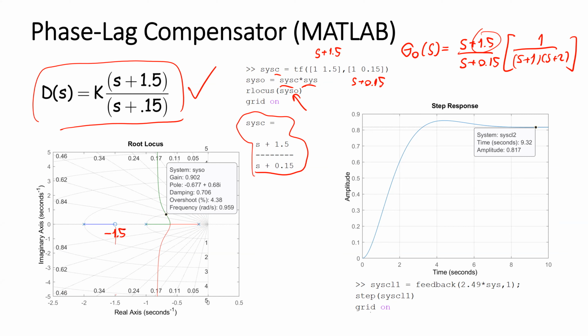We have a pole very close to the origin, minus 0.15. Another pole, minus 1. Another pole, minus 2. And the root locus will be on the left-hand side of the first and the third pole and zero on the real axis.